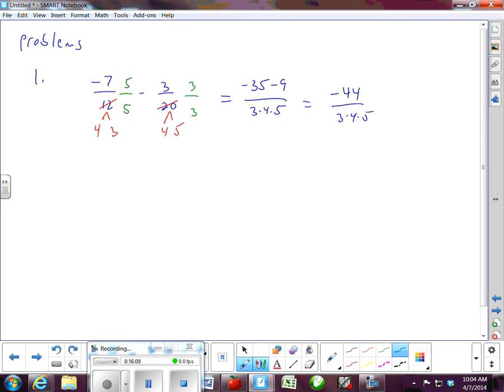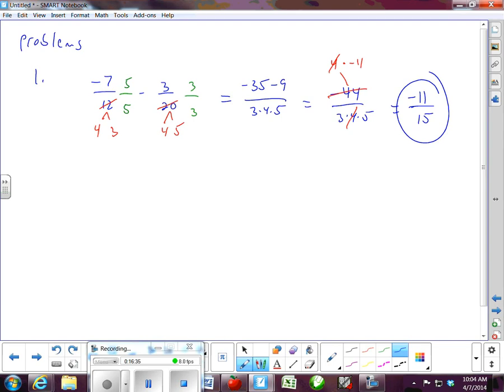Oh, yeah. This is going to reduce, right? So we have a 4 times a negative 11. And now I can see clearly those 4s reduce. What is my final answer? Negative 11 fifteenths. Okay?